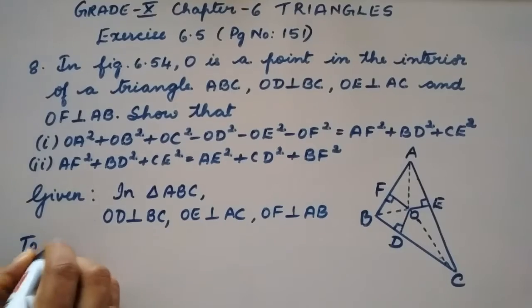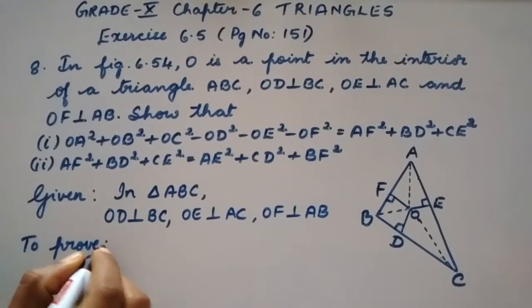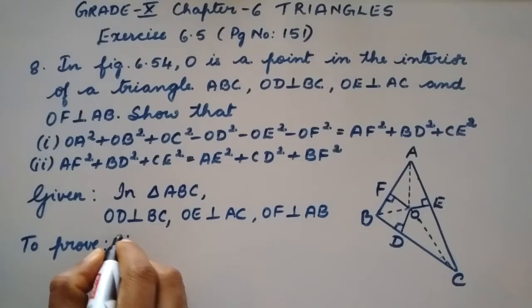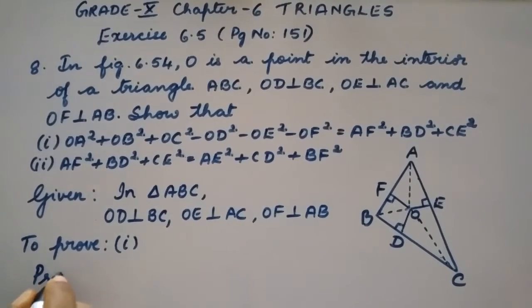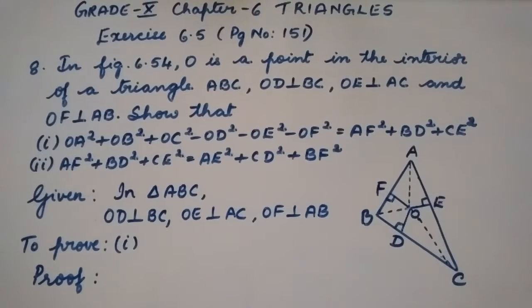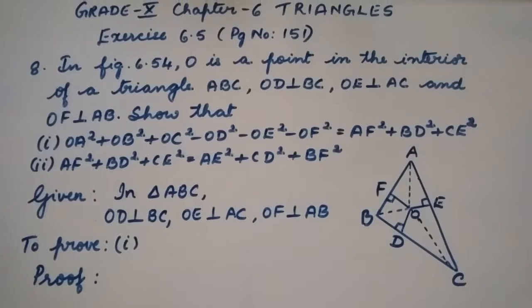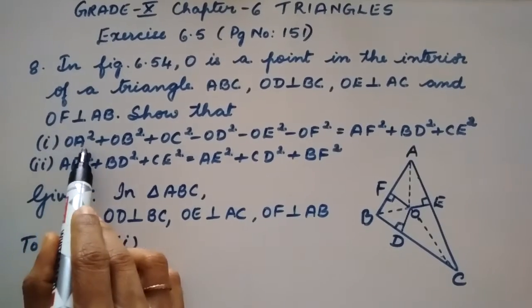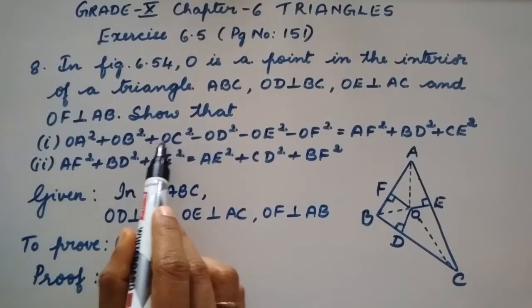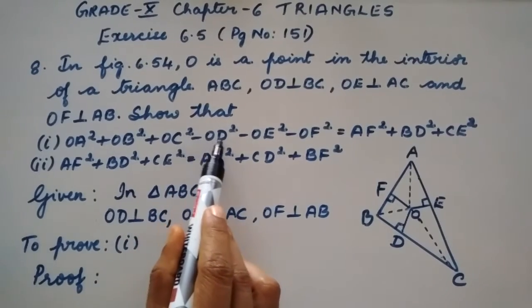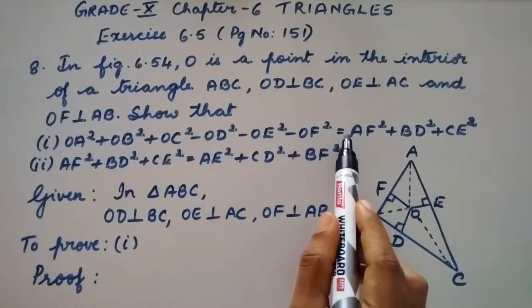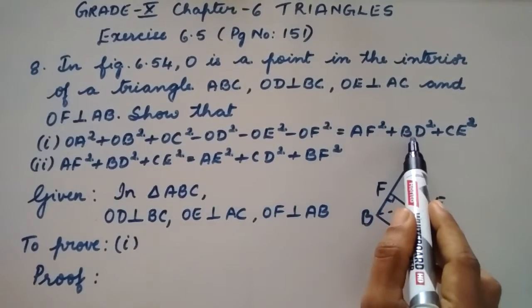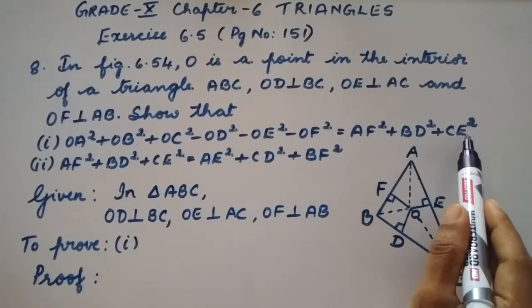To prove, we need to prove the first one here. Proof: so here we have to prove OA square plus OB square plus OC square minus OD square minus OE square minus OF square is equal to AF square plus BD square plus CE square.